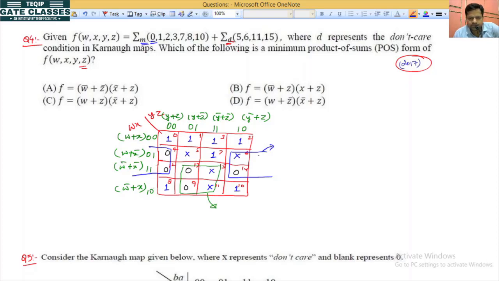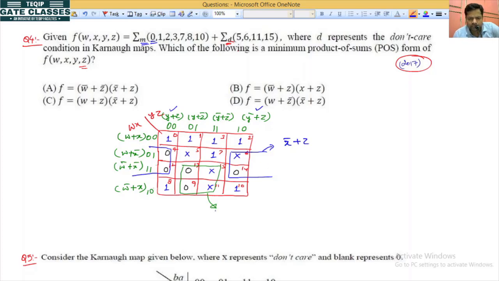Now I want to write the expression for this quad. What is common here? It is w plus x bar, it is w bar plus x bar, so x bar is common. From above, y plus z, this one is y plus z, this one is y bar plus z, so z is common, so it will be plus z.